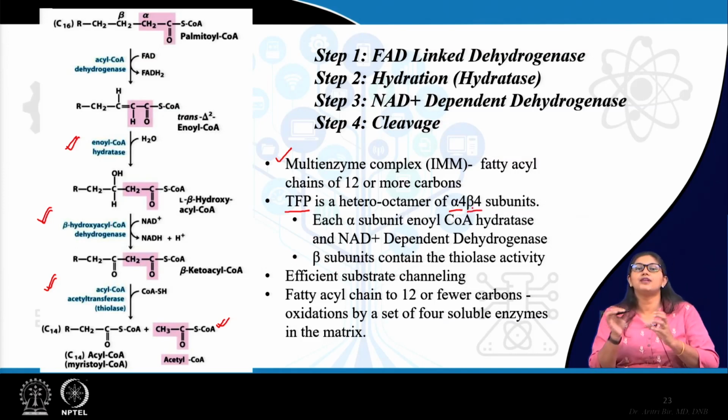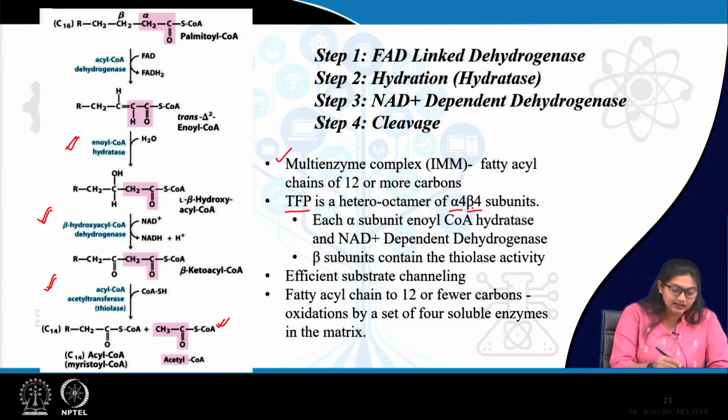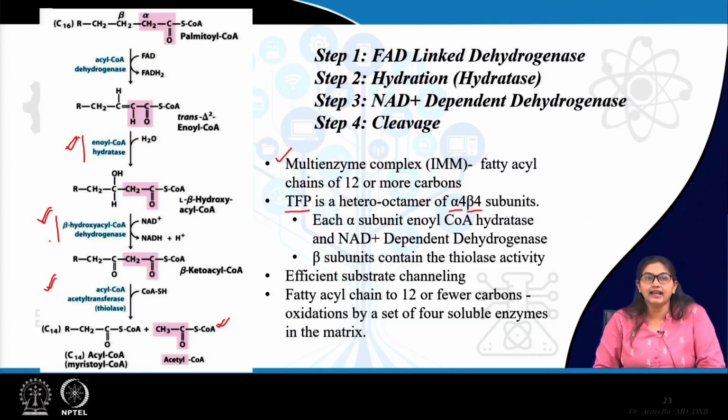So, alpha 4, beta 4 subunits. Each alpha subunit contains the hydratase and NAD dependent dehydrogenase activities, and the beta subunit contains thiolase activity.